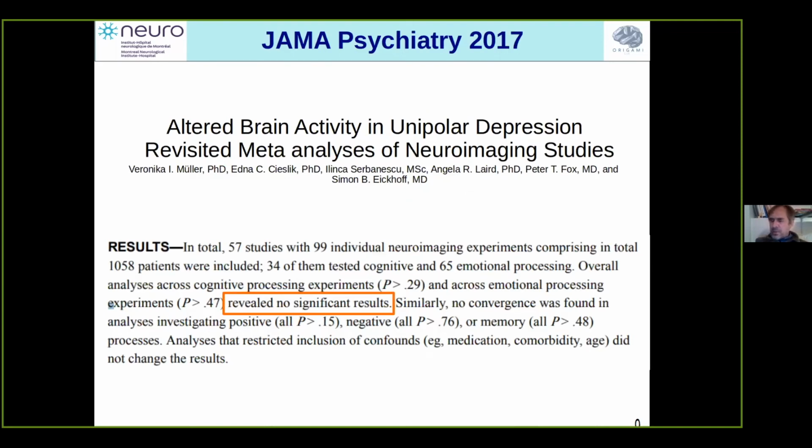In neuroimaging, closer to my own research field, this is an example of a meta-analysis across almost 100 individual neuroimaging experiments, looking at the association between unipolar depression and brain regions, and this meta-analysis didn't actually show any significant result, while all the original studies, of course, had some significant results.